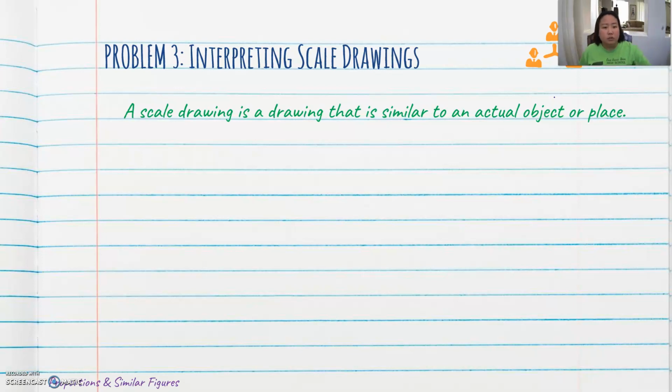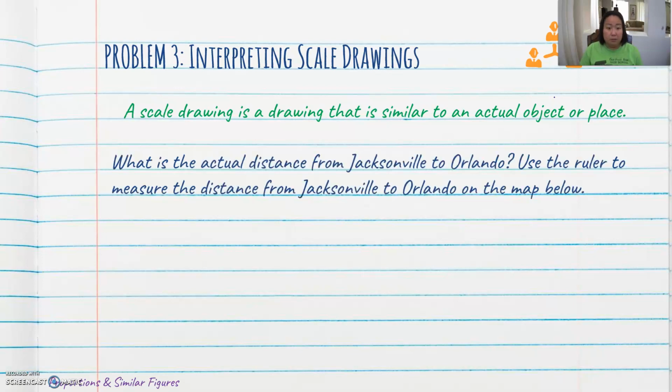So you can use a scale, a smaller unit of distance, for example centimeters or inches, and then you can create a map or a smaller version of the actual object or place, okay?